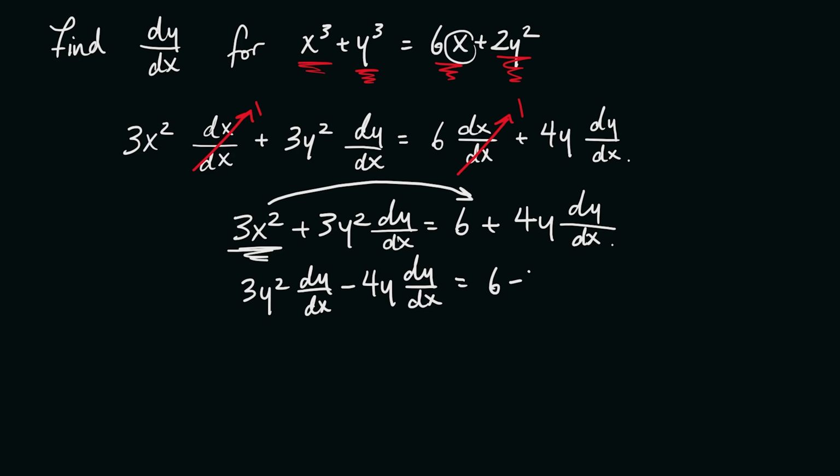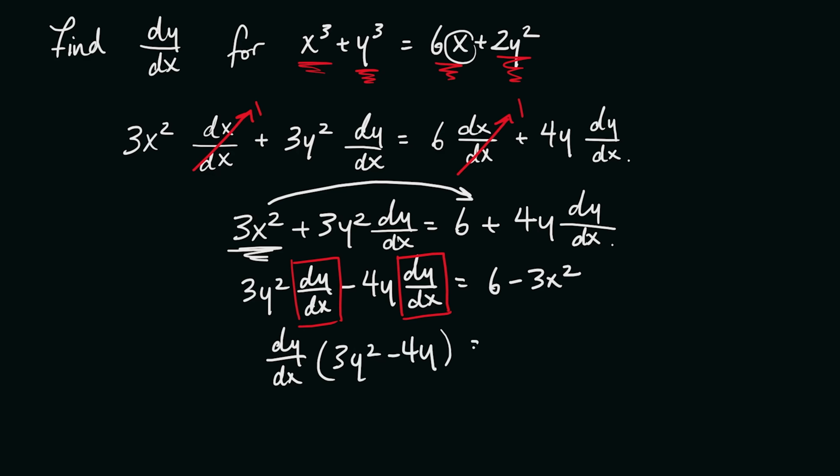So minus 3x squared. Now, we see a common factor here. And the common factor here is just dy over dx, right? So we can factor that out. It becomes dy over dx times 3y squared minus 4y equals 6 minus 3x squared.